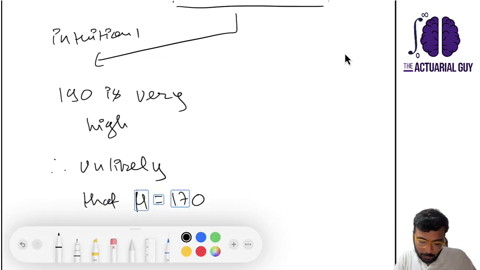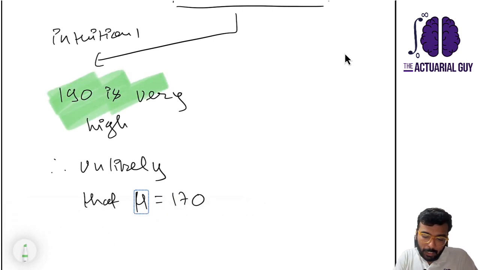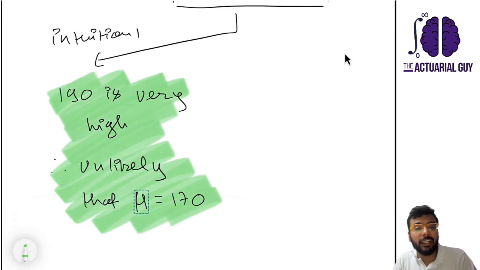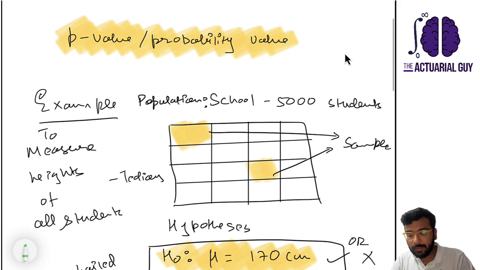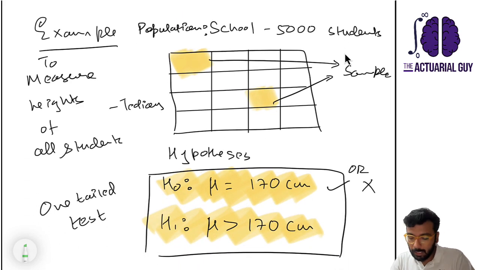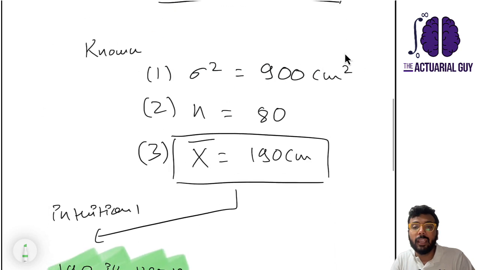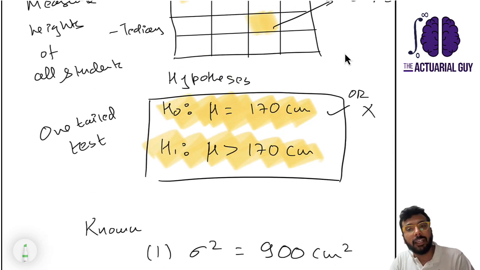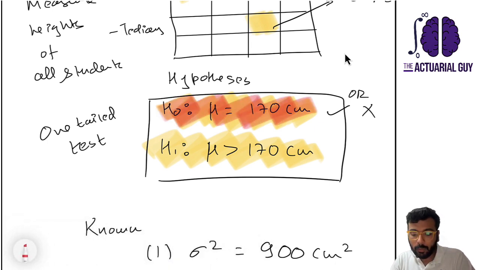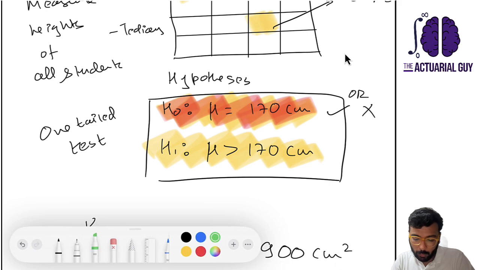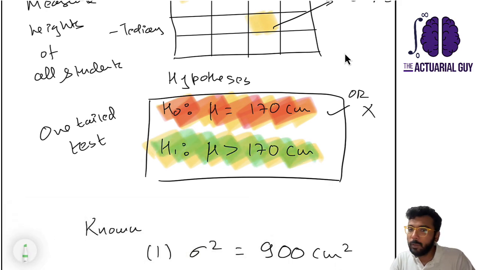You would say, based on this sample, it doesn't seem like the average height of the entire school is 170, because these two classes are a representative sample of the entire school. So how can it be that the average height of the two classes is 190 if the average height of the entire school is just 170? So you would be inclined, based on your intuition, to reject the null hypothesis and go with the alternate hypothesis, right? That would be your intuition.